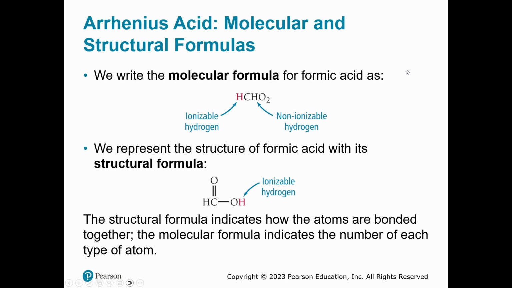So we can look at the molecular formulas versus the structural formulas, or the Lewis formulas. The Lewis formulas can be a little bit more tricky because you have to make a decision: is what the hydrogen's bound to a big enough difference in electronegativity that it can ionize? If it can hydrogen bond, it can ionize.